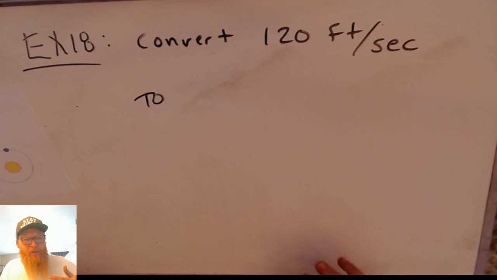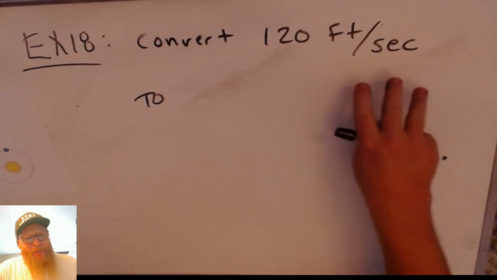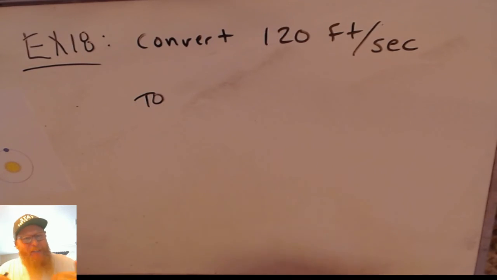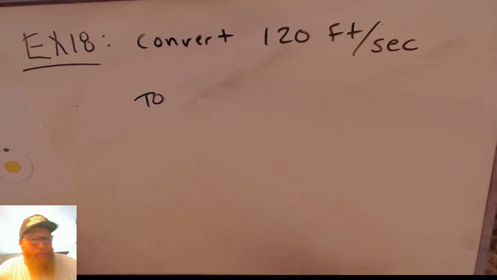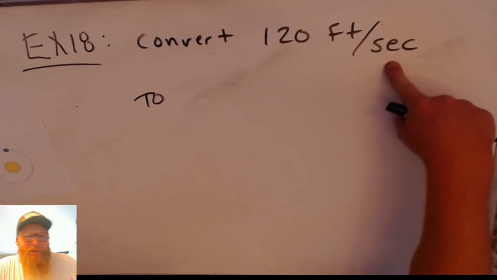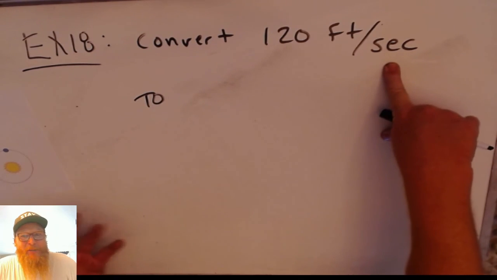If you take my intermediate or beginning or advanced math class, when we do word problems involving motion and how fast a car is moving or how fast somebody is running, some object moving around, we usually give the answer in feet per second.